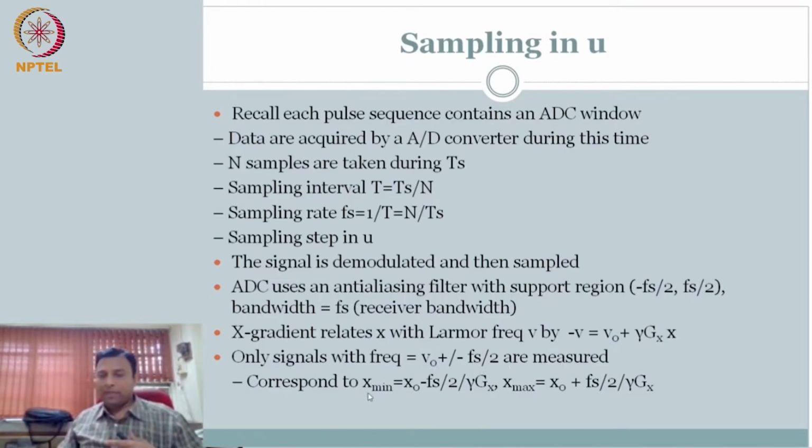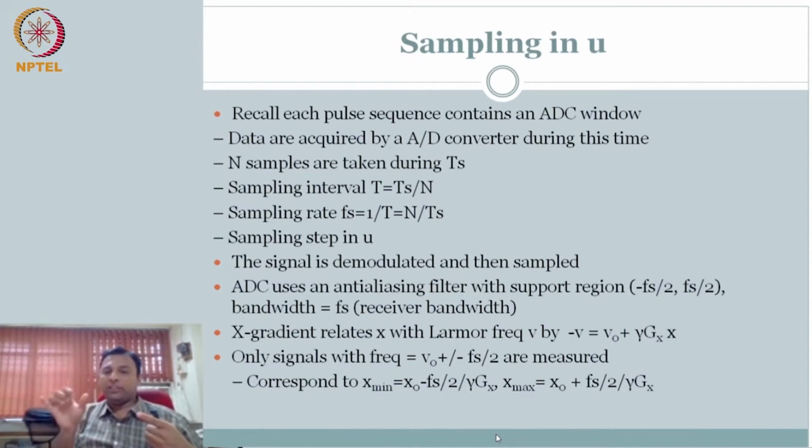So your X minimum will correspond to X naught minus Fs by 2 by gamma Gx, and X maximum likewise. So this is spatial. Minimum X to maximum X is related to this gamma Gx and Fs. And therefore your field of view, your image width and image height.